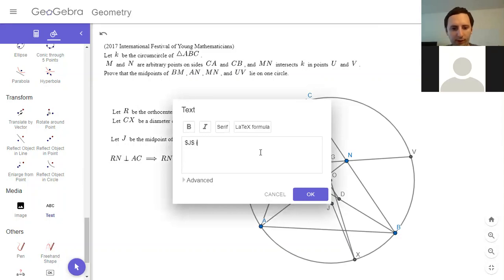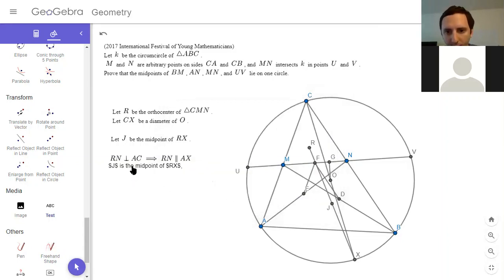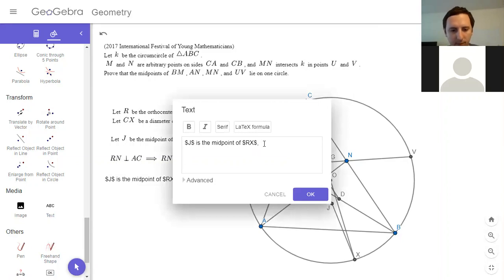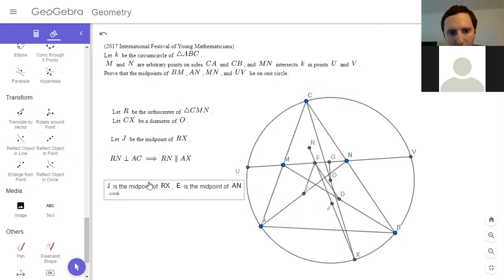So J is the midpoint of RX, and E is the midpoint of AN. That means that EJ is perpendicular to AC.